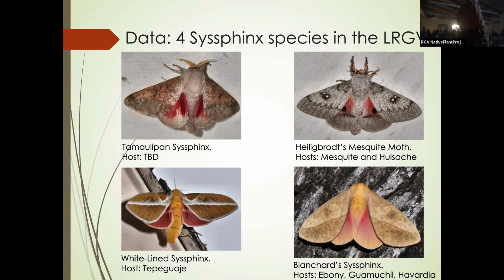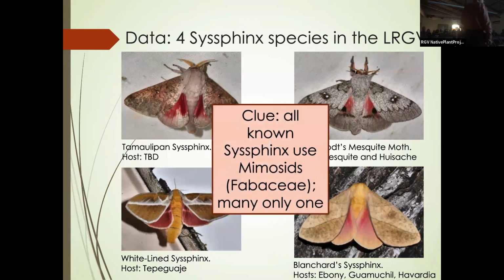And because of all this information, we knew it almost certainly fed on a group called mimosids, which would include all these, basically the thorny pea family trees, like mesquites and what used to be called acacias.